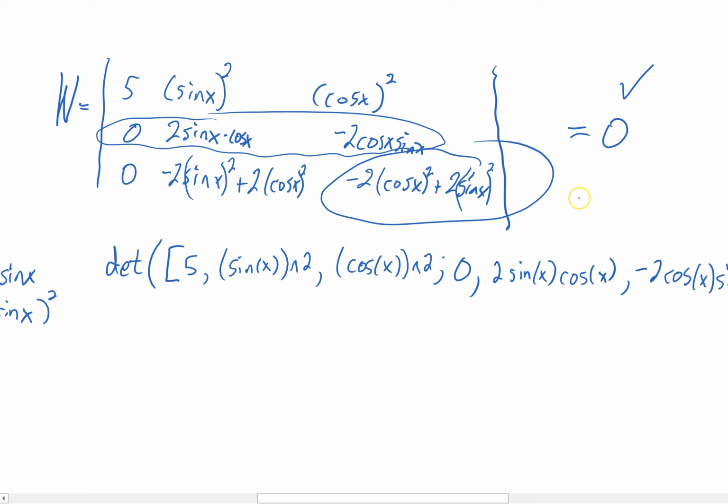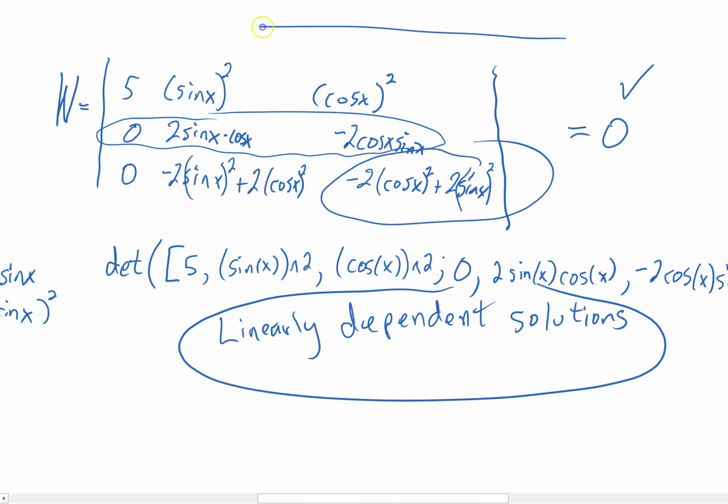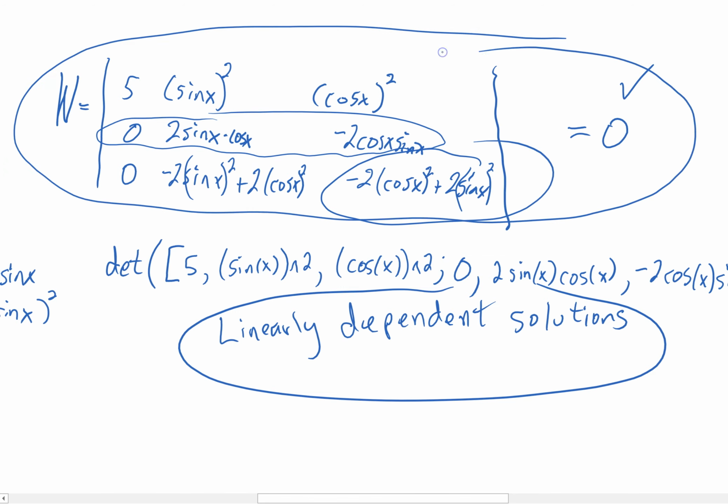So what that really means is we're going to have linearly dependent solutions, because our Wronskian was equal to 0. Definitely you may use your TI-89 to get assistance with that.